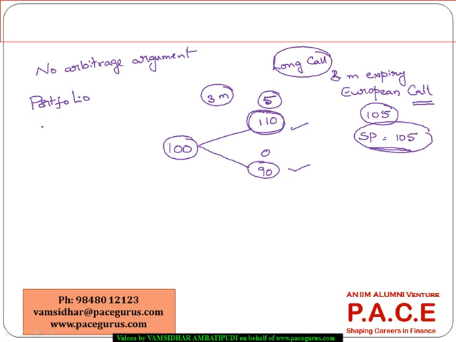The portfolio consists of X number of shares plus one call. X is something I am interested in finding out, but the combination is such that after 3 months the value remains the same, whatever may be the share price going up or going down.